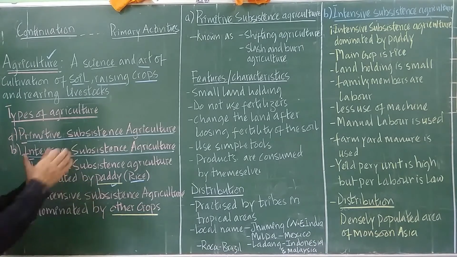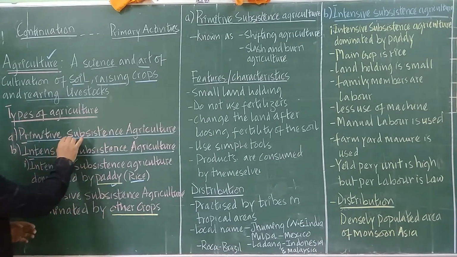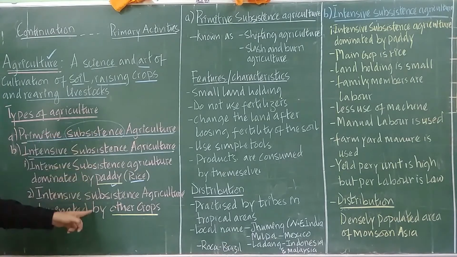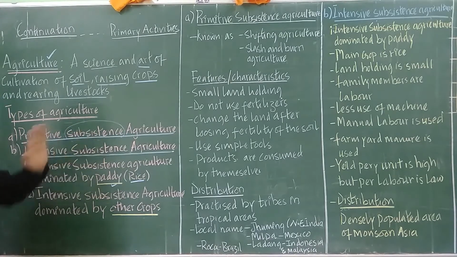And here what you need to understand is the word subsistence. All these products are used for self-consumption, okay. And this is important. Primitive means old method, okay. And then intensive, all right, means high use of labor but on small land.